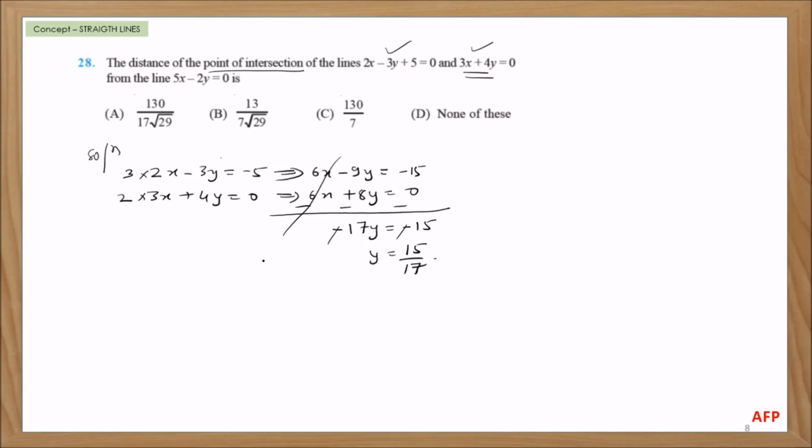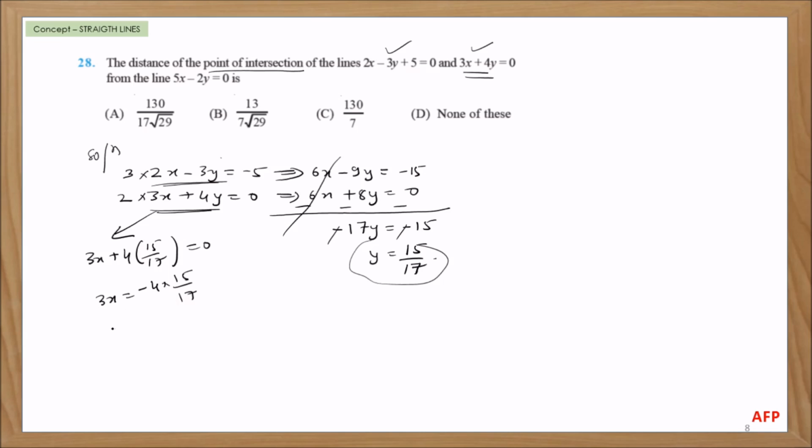You got the first point. Next, if you substitute this value in any one of these equations, so 3x plus 4 into 15 by 17 is equal to 0. So send it to the other side, 3x is minus 4 into 15 by 17.